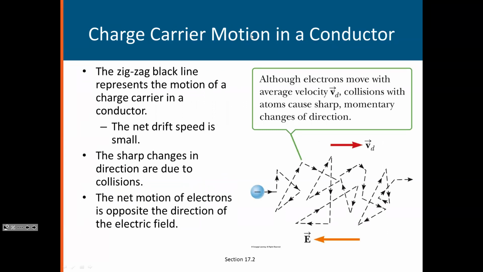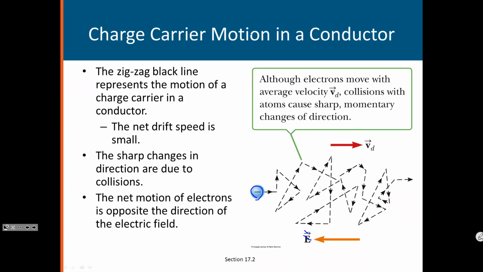Now, about this charge carrier motion in the conductor, say electron, if there is no electric field, the free electrons in the conductor will be moving haphazardly, in all directions, randomly. So there is no net motion in any direction.